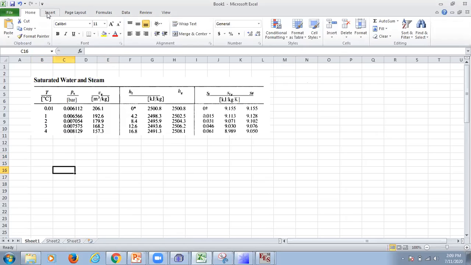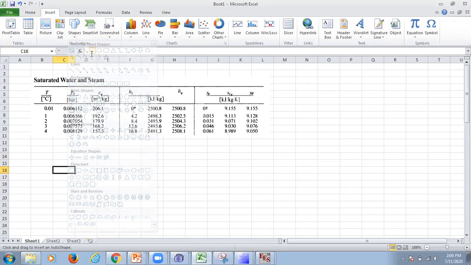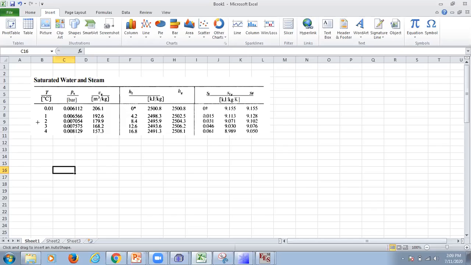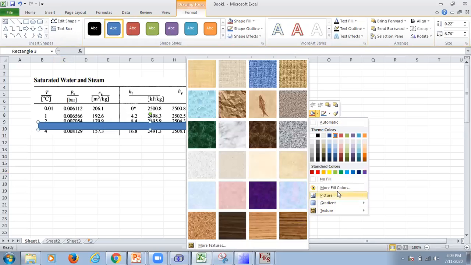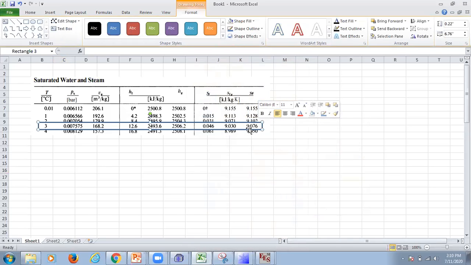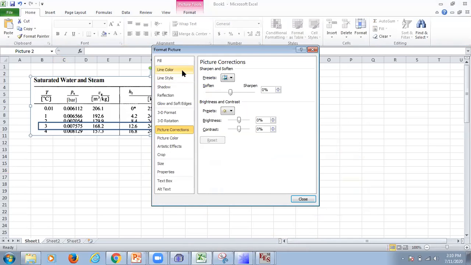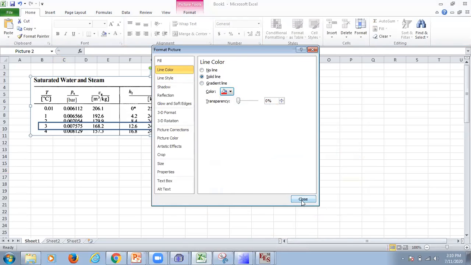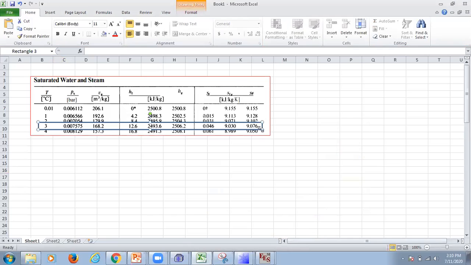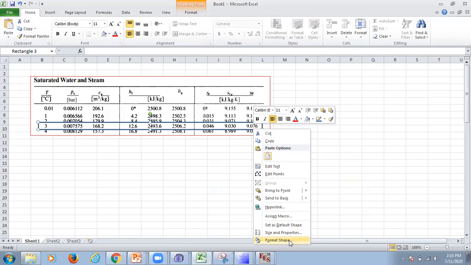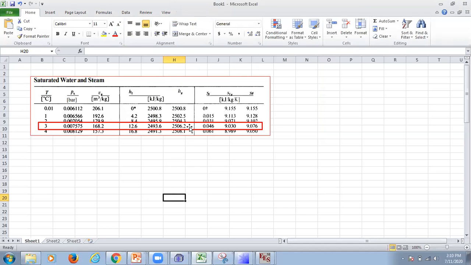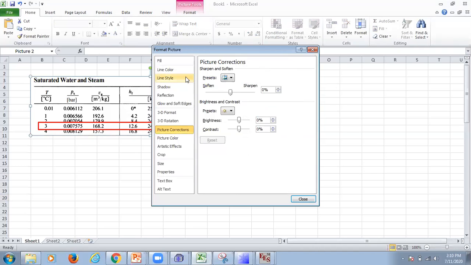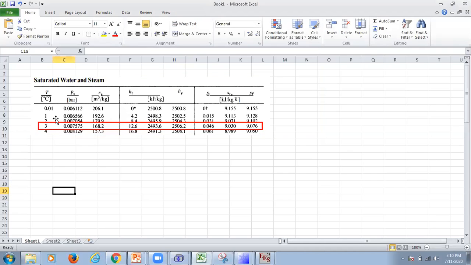Let's say I'm going to mark this first. I will take the temperature as 3 degrees Celsius.